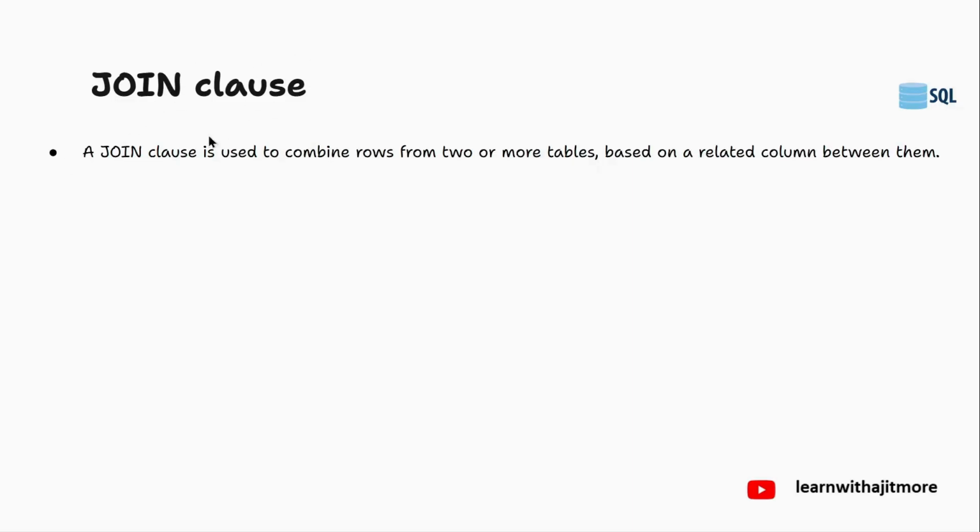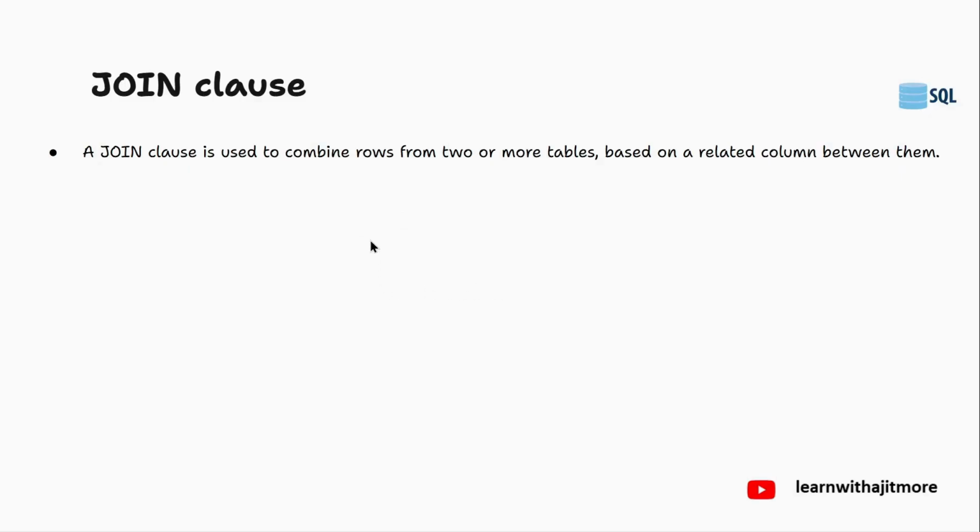Okay, so when to use the join clause? As I said, a join clause is used to combine rows from two or more tables. I want to combine the record from the employee table with the record from the department table, based on some common value.